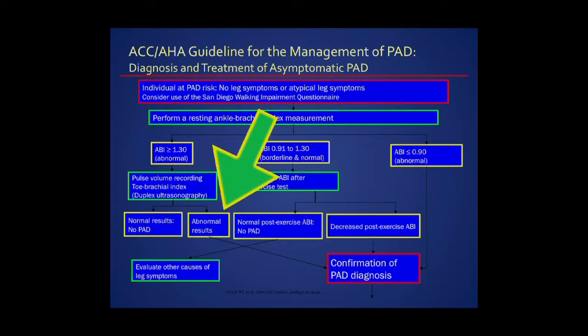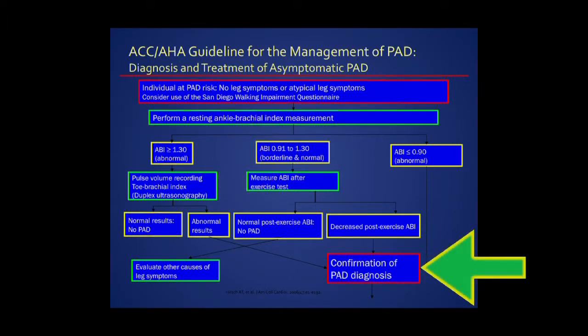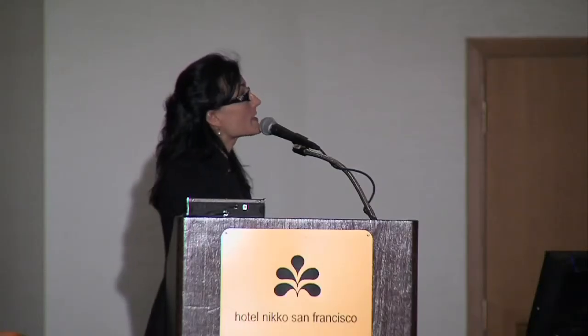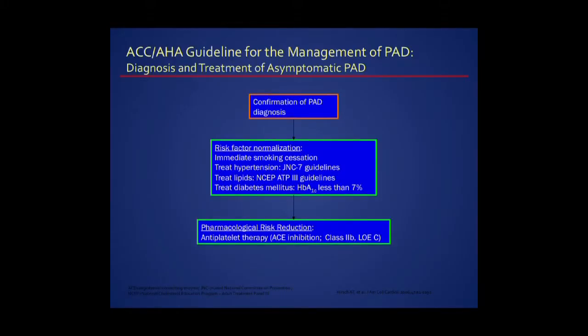And if we have abnormal results and confirmation of the PAD diagnosis, really optimizing the risk factors in terms of advice with smoking cessation, treatment of hypertension, treatment of lipids, treatment of diabetes with keeping the hemoglobin A1C less than 7%, and then more pharmacological risk reduction.